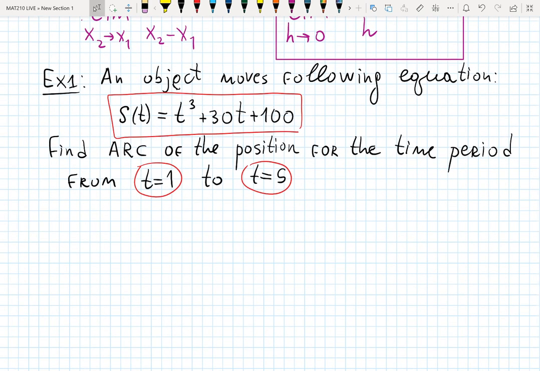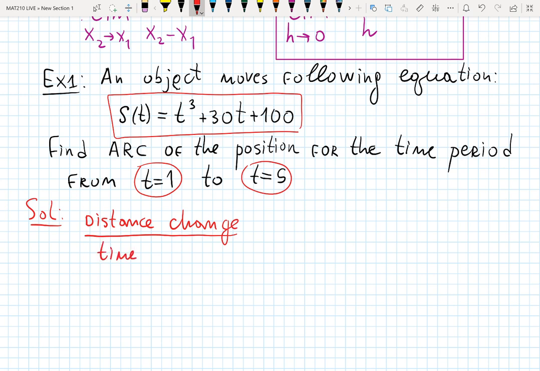Then just remember the solution. Remember the formula. You have distance change at the top, distance change over time change, because time is my input and distance is the output. You see, time is the input, distance is the output, so it makes sense.